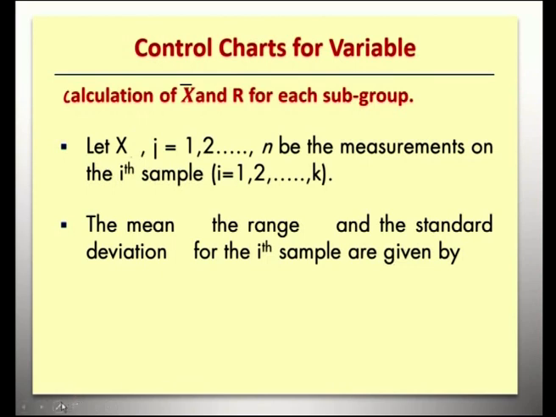Consider x_ij, j equal to 1, 2, 3 up to n, be the measurements of the ith sample, i equal to 1, 2, 3 up to k.